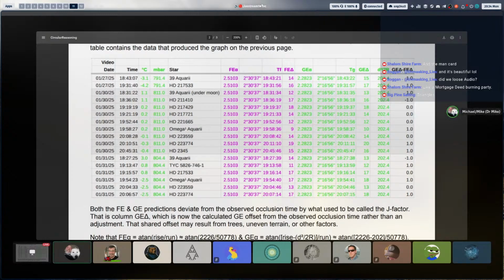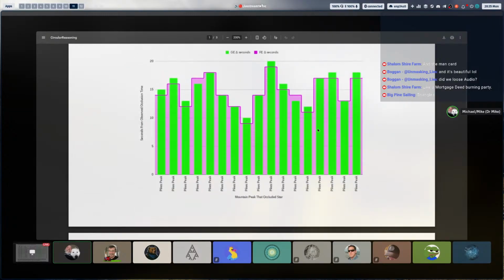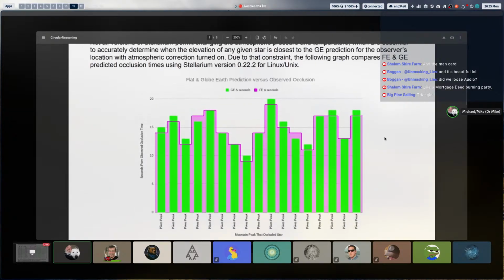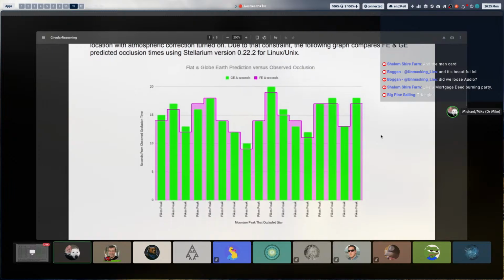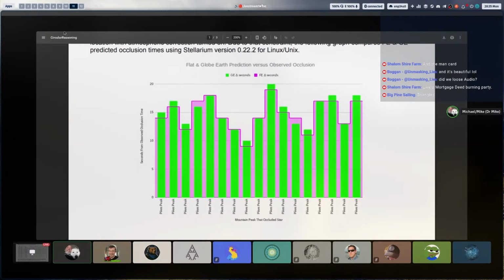And I didn't know at the time what was causing that. And I'll scroll back to the graph. Now I know what's causing that: both globe Earth and flat Earth predictions have a common displacement. And that's the difference between the globe Earth estimate and the observed occlusion time. So in the current table, that's called GE delta, and that's what used to be called the J factor before I knew what it was.